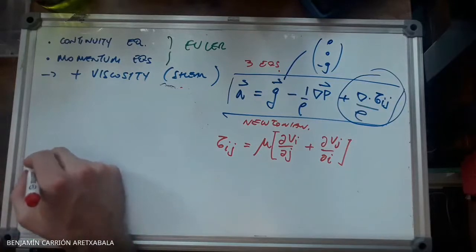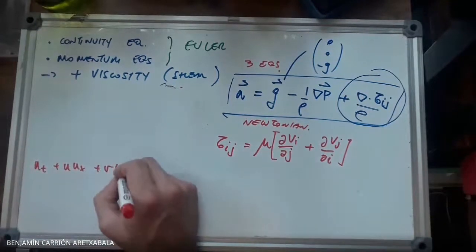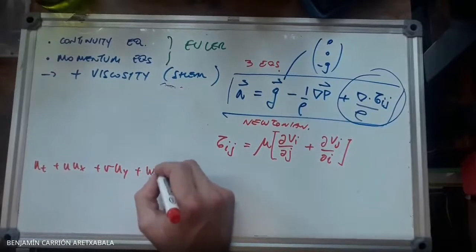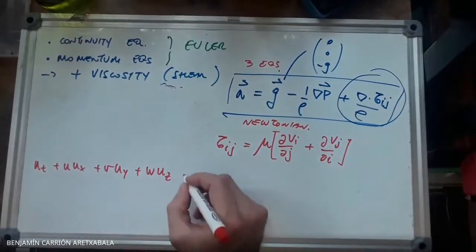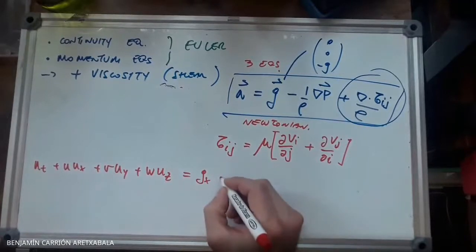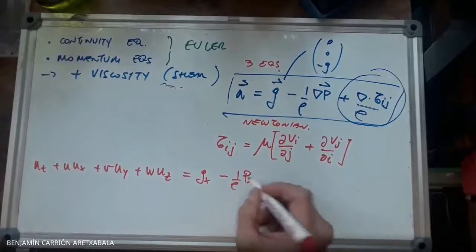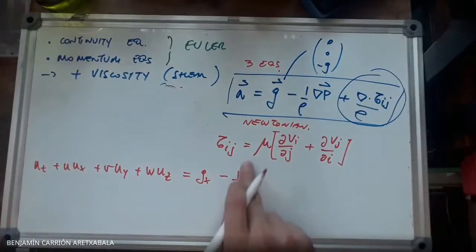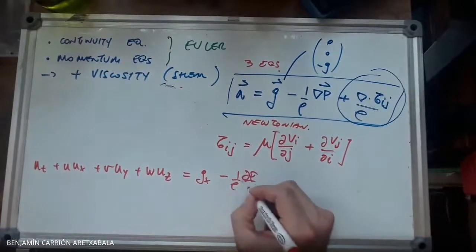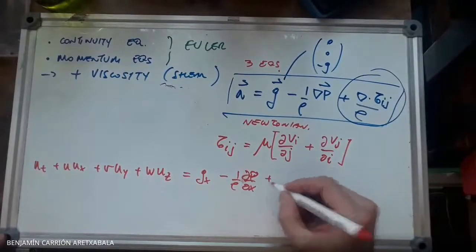So again, the acceleration is u_t plus u u_x plus v u_y plus w u_z. It has to be equal to g in x minus 1 over rho times dp/dx.